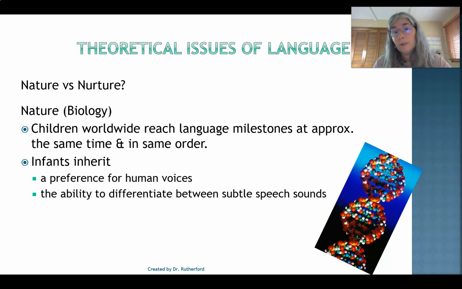They also have the ability to differentiate, now that doesn't mean make, but differentiate, so they can understand subtle differences in speech sounds. And researchers believe that it is these biological underpinnings that make children capable of learning language so quickly.